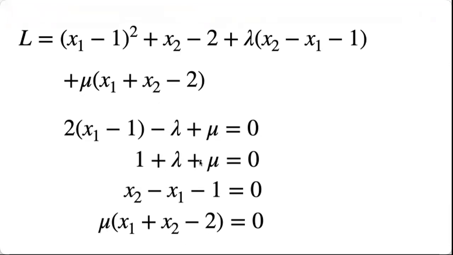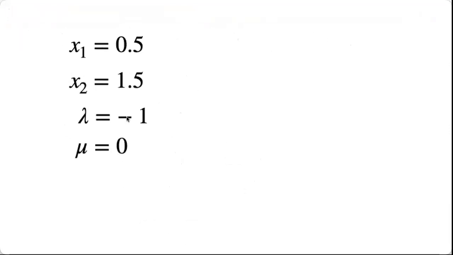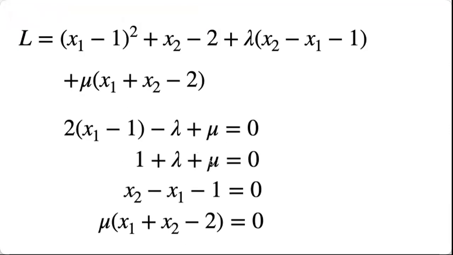If mu is 0, then from this equation 1 plus lambda becomes 0, so we know that lambda must be minus 1, and mu is 0.